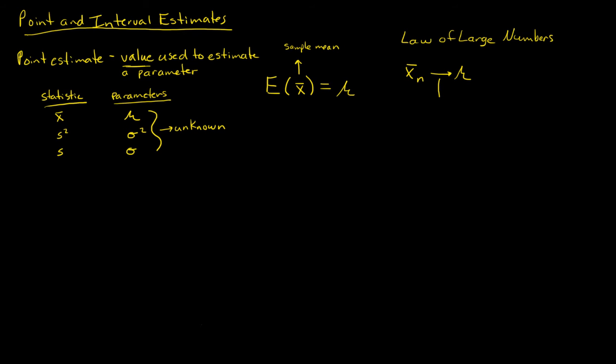Read this as converges to. So a mean of any size n will converge to mu with probability 1, 100% of the time, as n approaches infinity. Read this arrow as approaches.